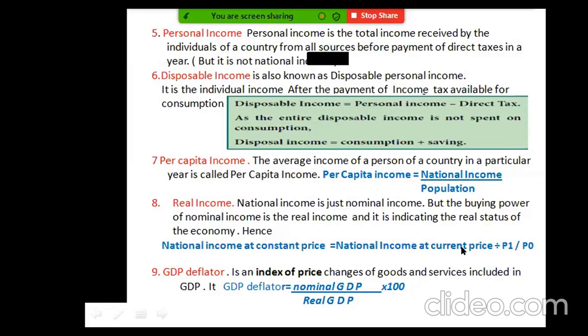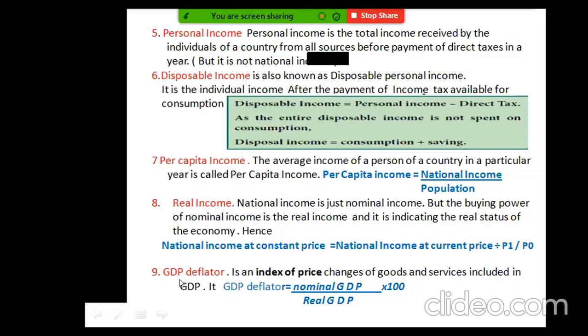The current price is not constant over the years. Whatever the price for a commodity today, it will change tomorrow, or it was maybe different yesterday. That's why changes happen. That is called the current price. So constant price is different from the current price.